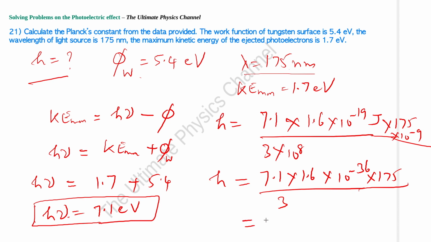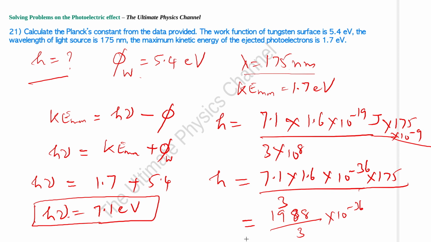So 7.1 times 1.6 times 175 is 1988 by 3 times 10 power minus 36.